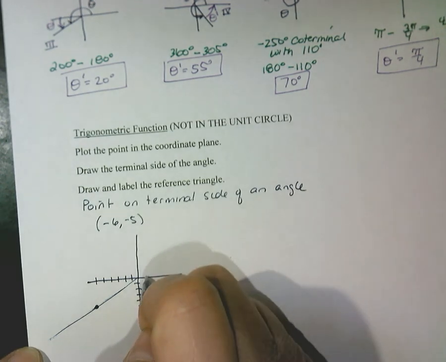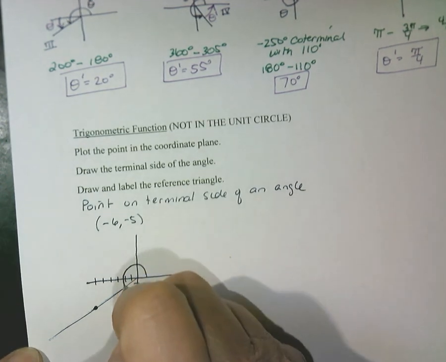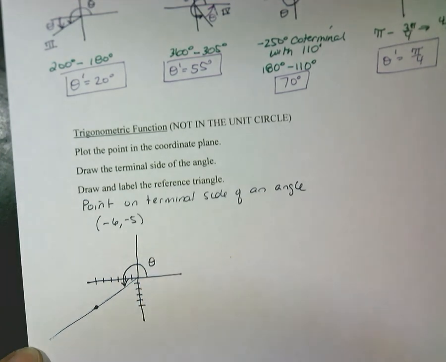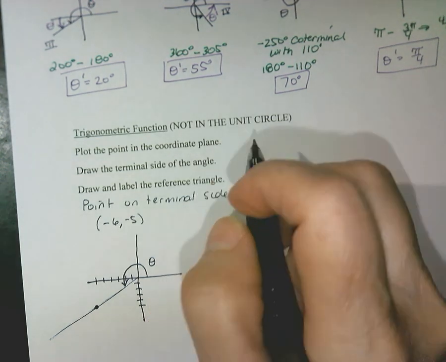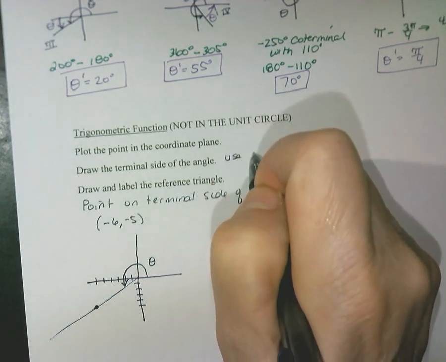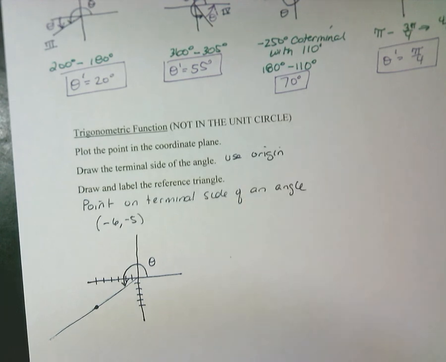And so my angle would be that angle there. And I don't need to extend this past that point. I just tried to give you a reason for that. And so you have to make sure when you draw the terminal side of the angle, you use the origin. If you don't use the origin, you're not drawing it correctly.